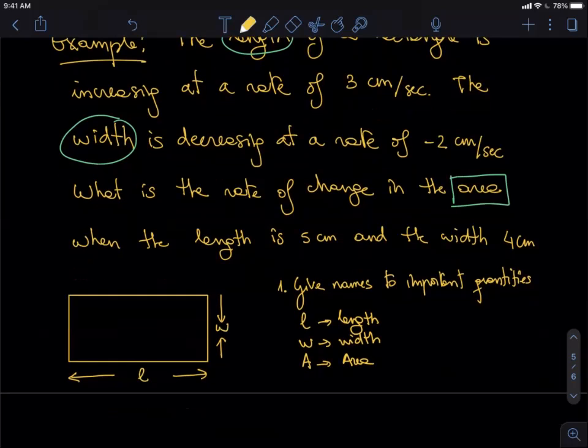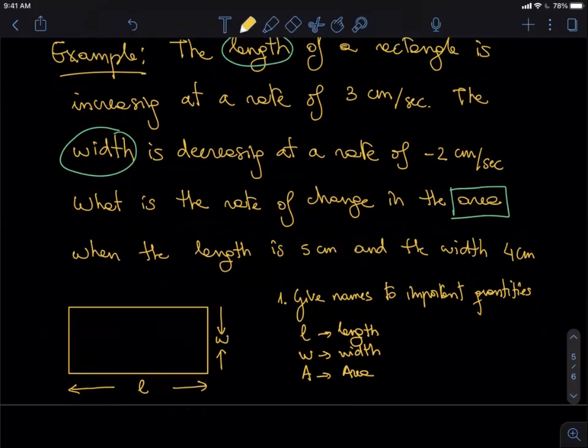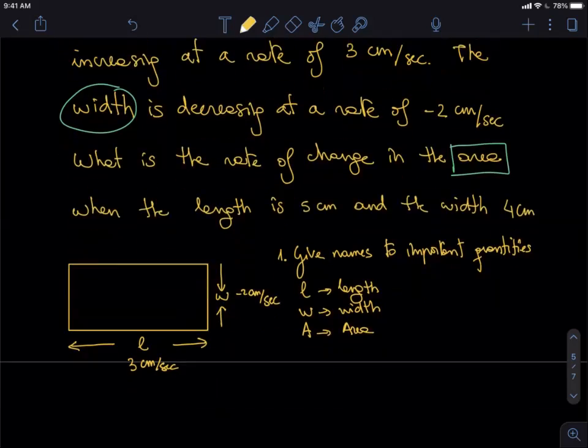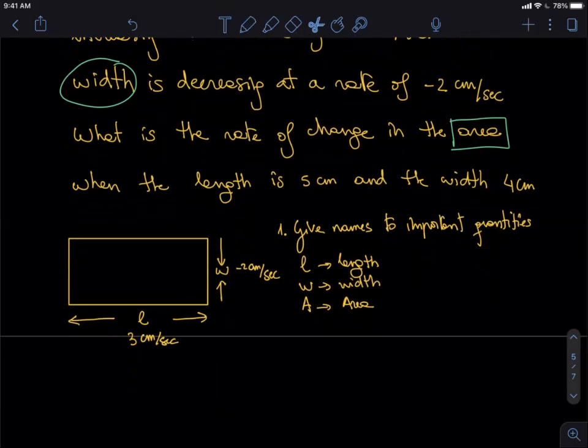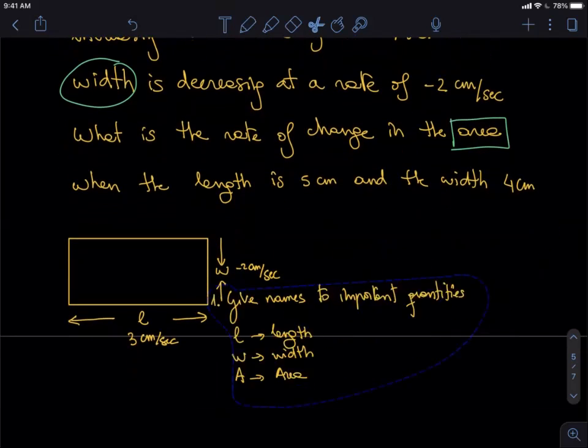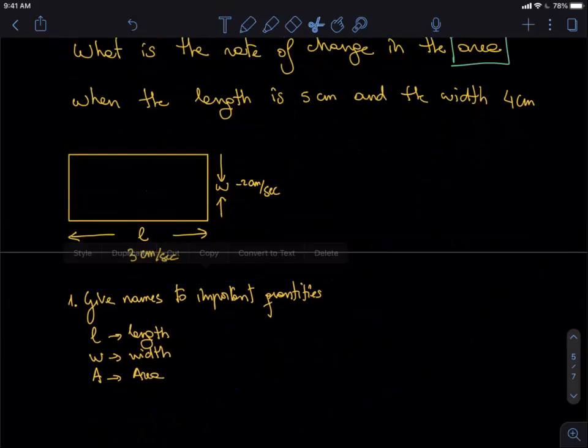The length is increasing at the rate of 3 centimeters per second, and the width is decreasing at negative 2 centimeters per second. Okay, so that's the information we have. So this would be a step 1. Let's move it over here. There we go.